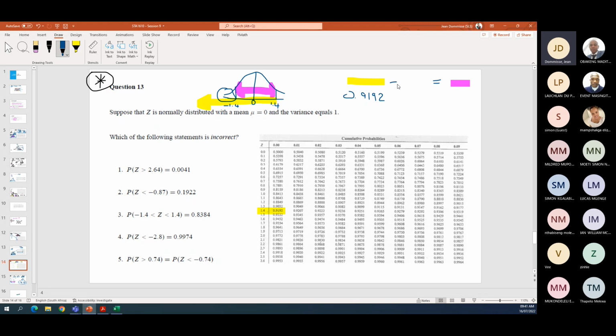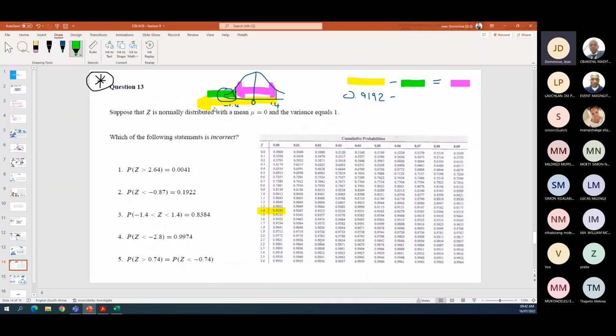To get to that purple area, I need to subtract the green area from the yellow, and then I will get the purple. So you can see purple plus green will give me the yellow. So I need to say, okay, what is my green area?